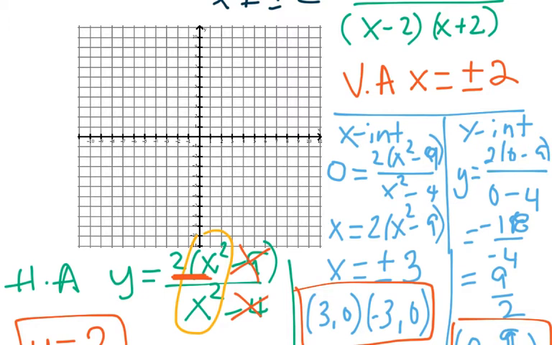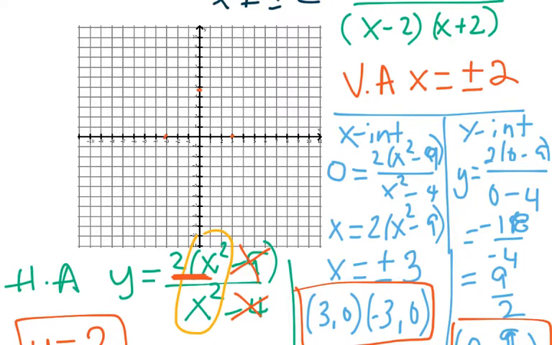Okay. So several things that we should remember: the y-intercept is about 4.5, so I would plot that point right there. And then the x-intercepts are at negative 3 and 3. Right. So those are the 3 key points that we have exact values for.